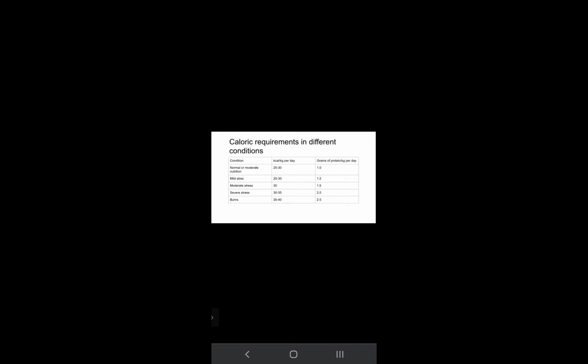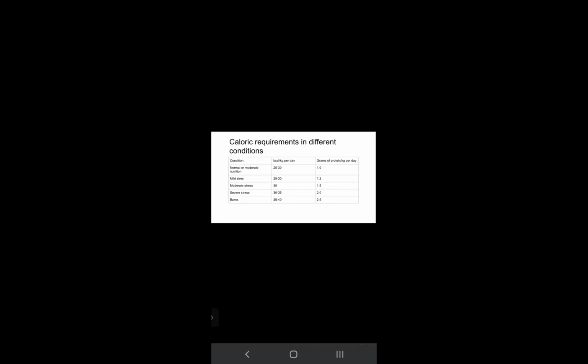In moderate stress, it's 30 kilocalorie per kg per day and 1.5 gram protein per kg per day. In severe stress, 30 to 35 kilocalorie per kg per day, and protein requirement is 2.2 gram of protein per kg per day.